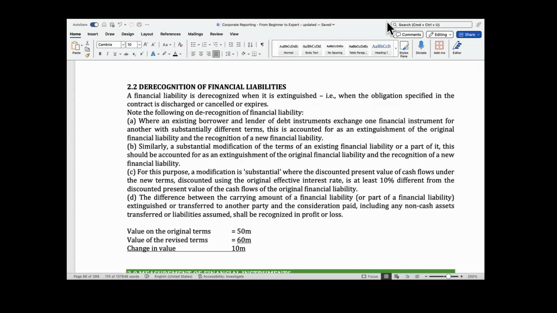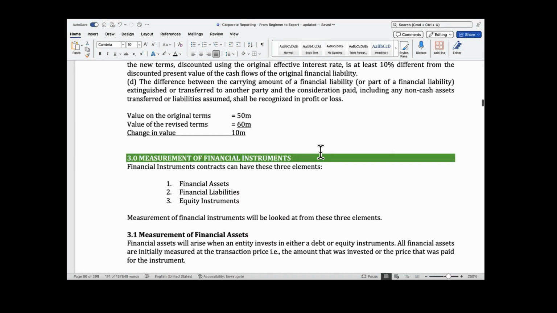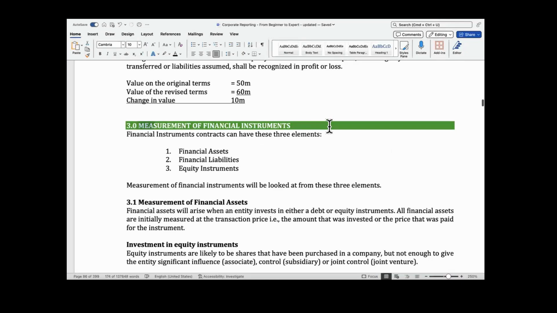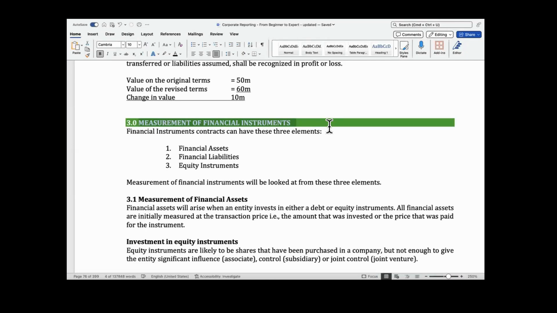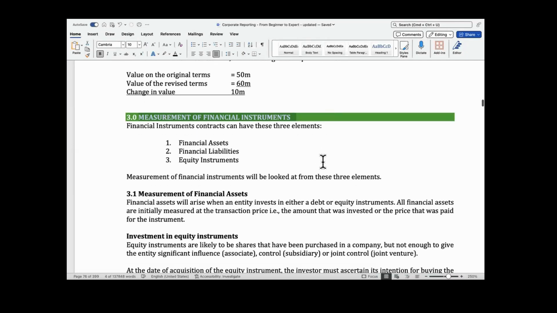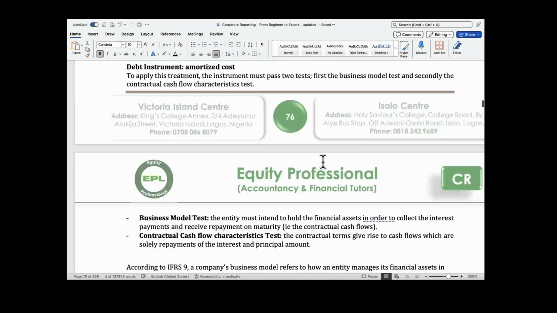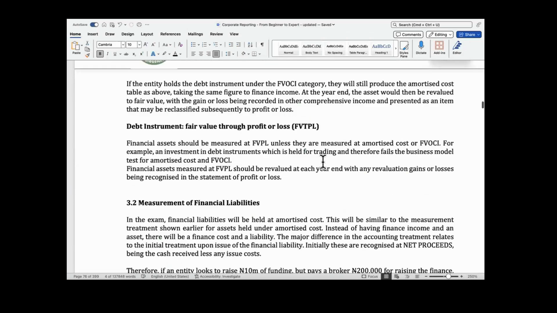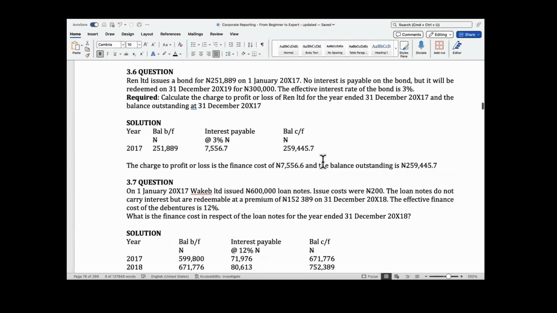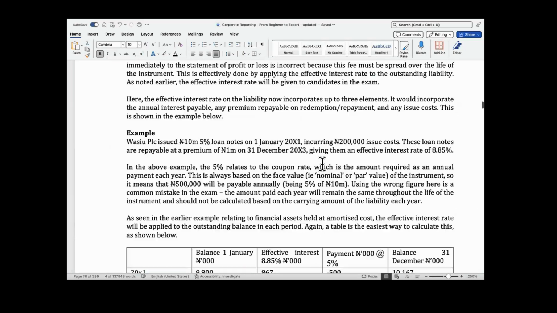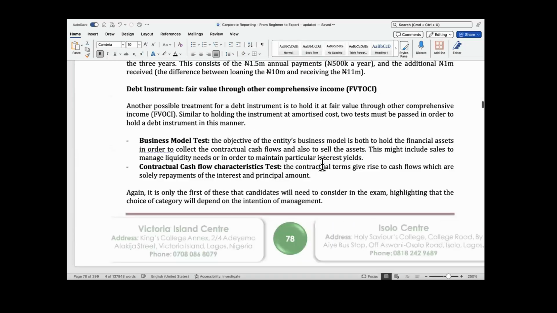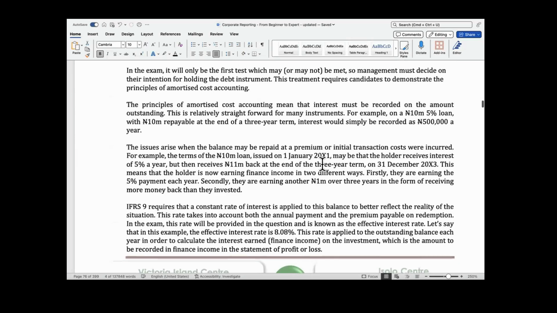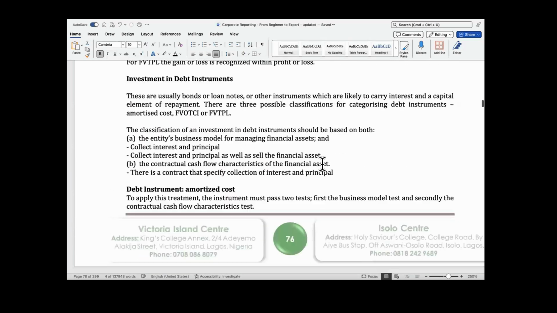All right. So I'm going to stop here tonight. Next week, we'll move to measurements. We'll do measurements, and we'll also do compound financial instruments. Then the week after, we will do impairment of financial assets and maybe fair value measurement, IFRS 13.